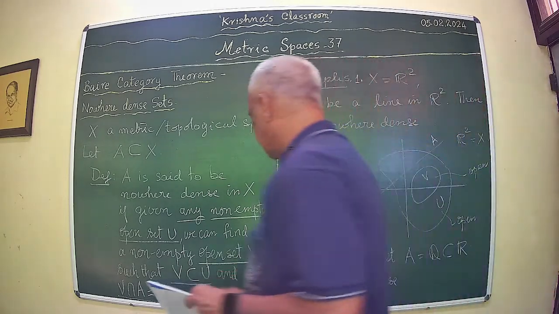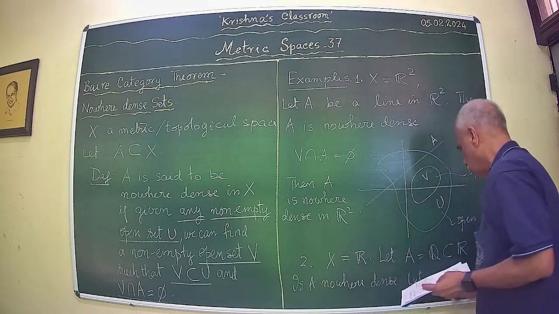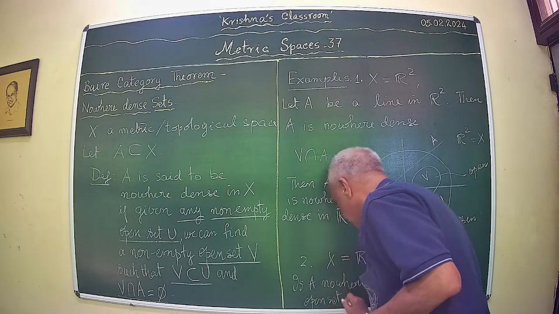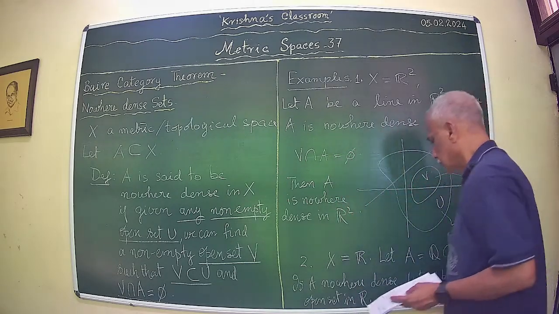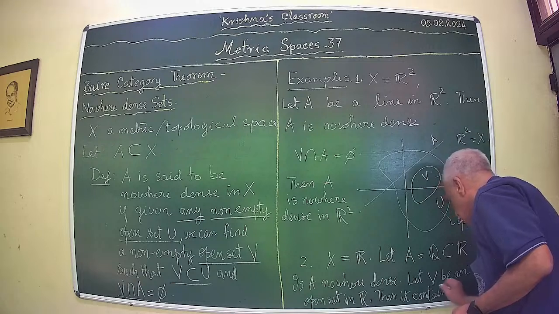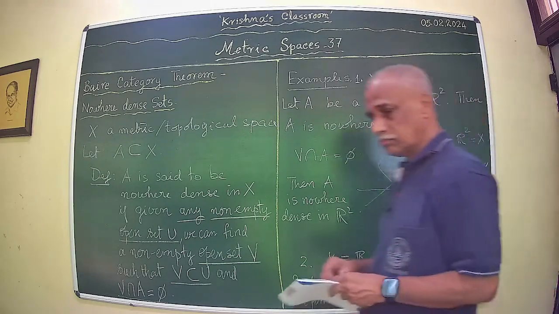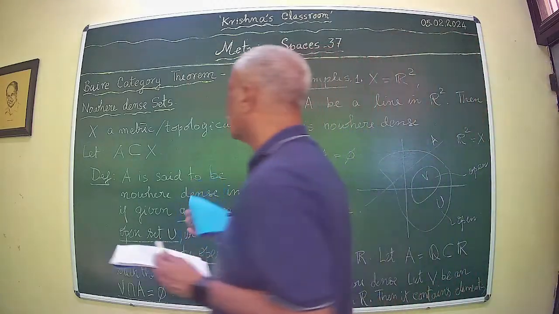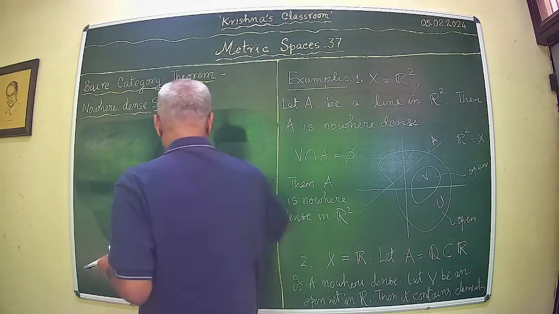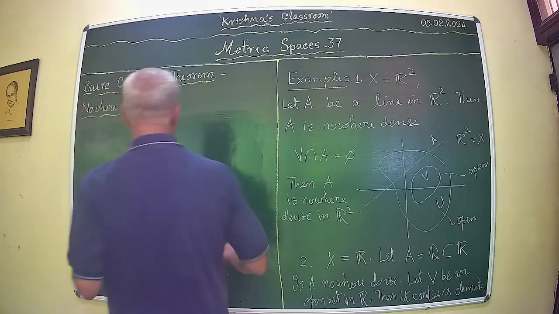Now what is the structure of open sets in R? So let V be an open set, then it contains elements of Q, because any open set in R contains both rational points and irrational points.